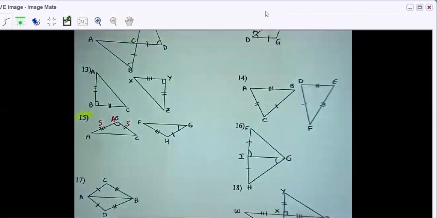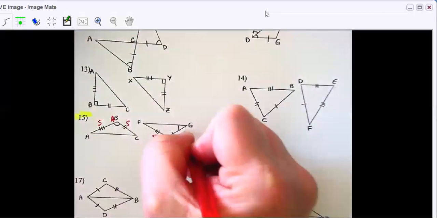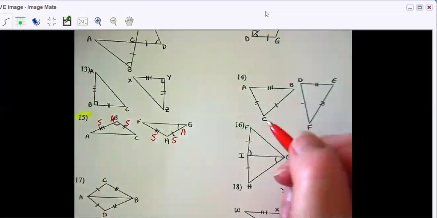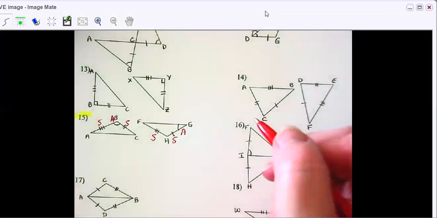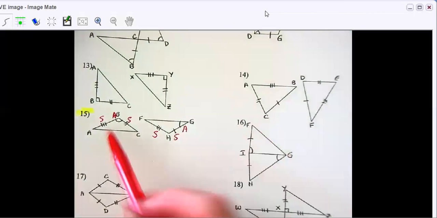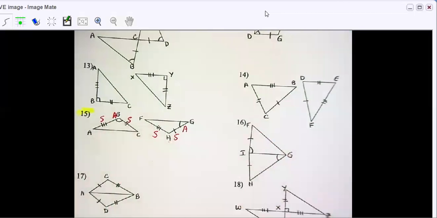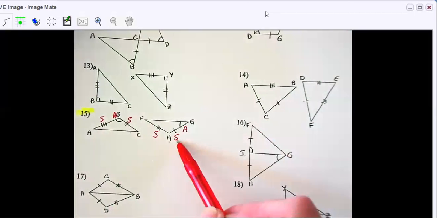Now over here, I've got an S and an A. And when we stop to look at those, they don't quite match. Can we do that? This one's a side angle side, and this one's a side angle. First of all, we can't do a side angle because there's no donkeys in geometry.